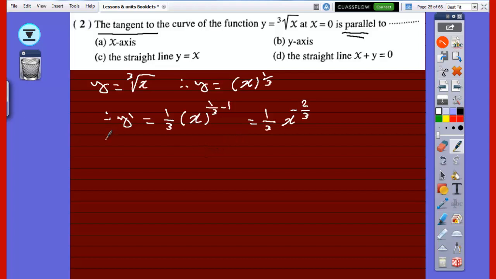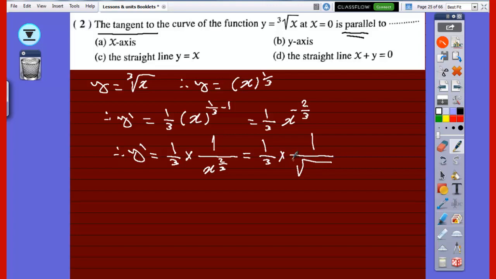This is y dash. So again we write y dash equals 1 over 3 multiplied by 1 over x power 2 over 3, and we can write it in the form of the root, multiplied by 1 over cubic root of x squared.